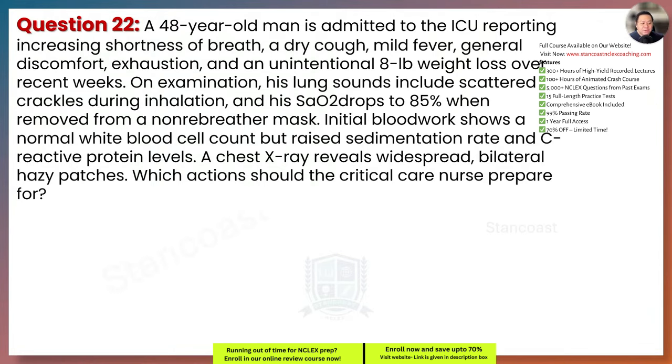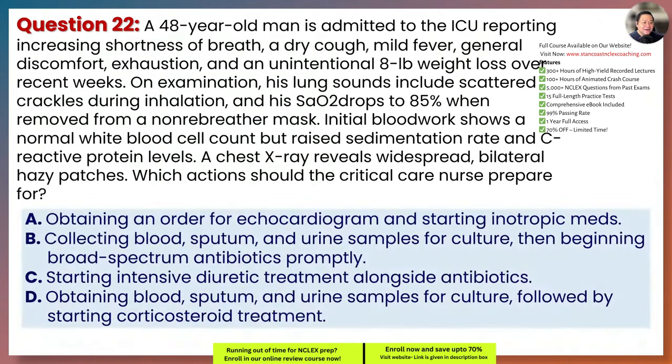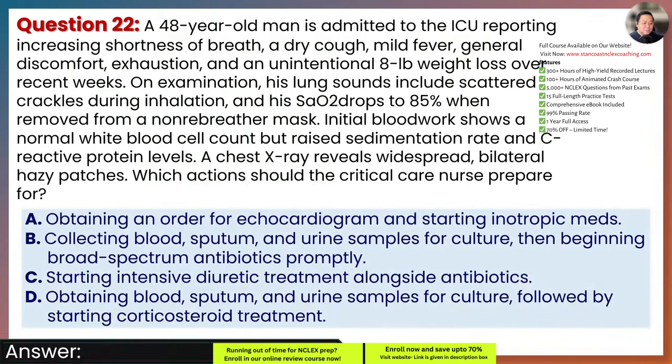So the answer is letter D. That is going to be obtaining blood, sputum, and urine samples for culture, followed by starting corticosteroid treatment.